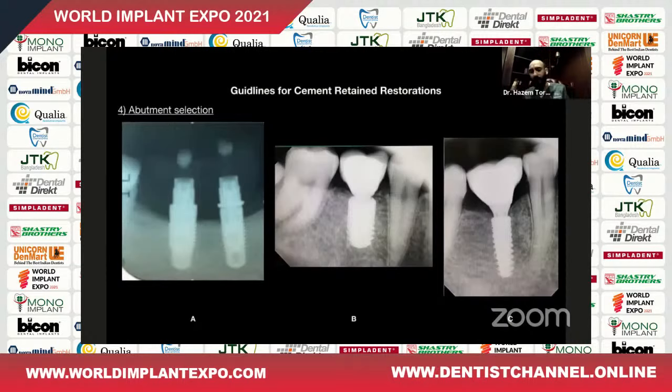So if there is excess cement, it will be at least 3 millimeters from the implant shoulder. And now we have 3 millimeters of tissue thickness, or biological width, for protection from any harm from the excess cement. I'm not saying that it's okay to leave it there, but I'm just saying the more protection you have, the safer you are from excess cement.